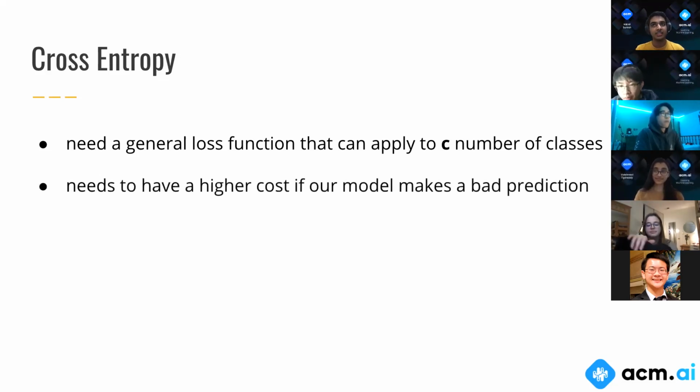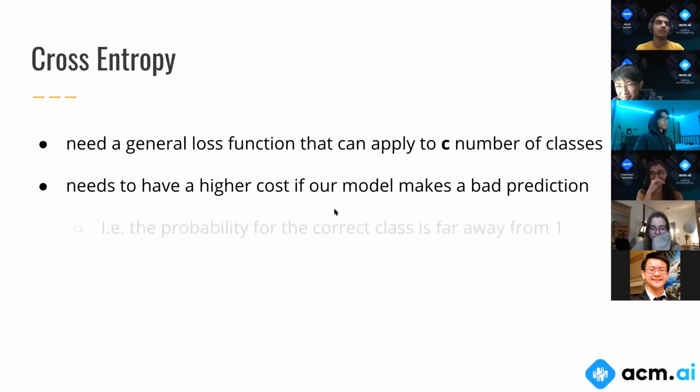As normal, when our model makes a bad prediction, like if it looks at a dog and says it's a fish, that's pretty bad. If our output vector is really off, we need to make sure the model knows that's really bad and gives a high cost.